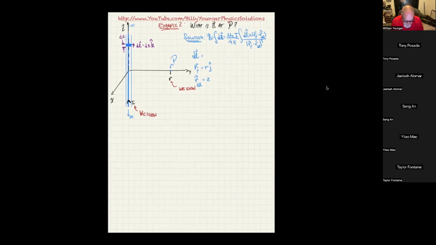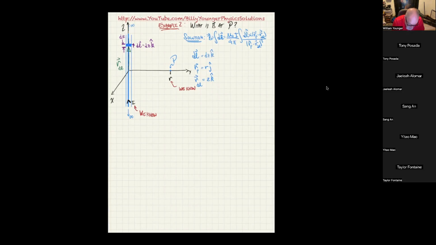Okay. So that's it. That's our vectors. We just figured dl was in fact dz k hat. We figured out rp, all that good stuff. I can even show them on here. I think I was using green before, so I'll try to use green again. So this vector right here is rdl.